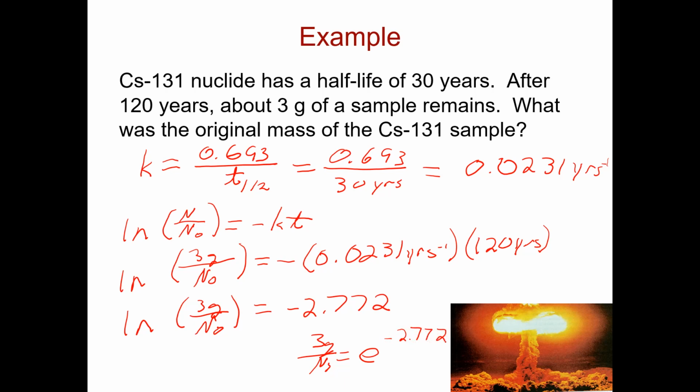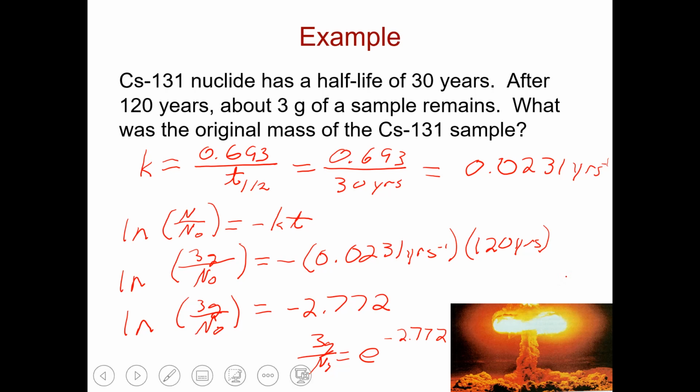Now this is not the same e that we use for exponents. You should see a button on your calculator that has natural log, and above it you will see an e. So you might have to hit the second key to get this e. But we use the e that's the inverse of natural log, e to the -2.772.